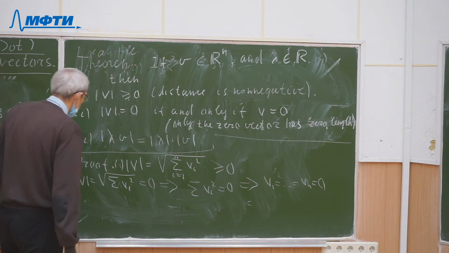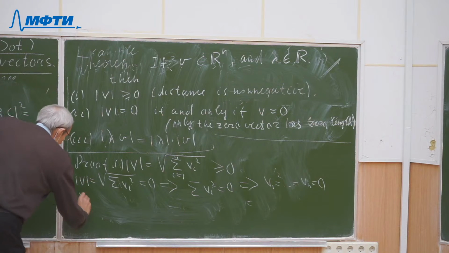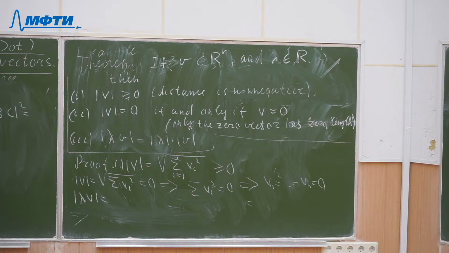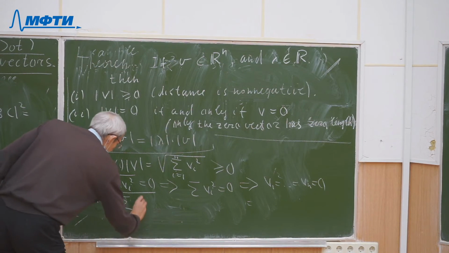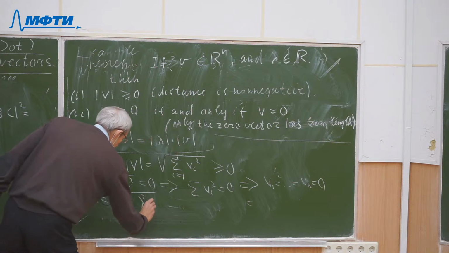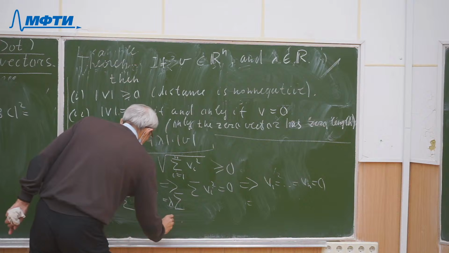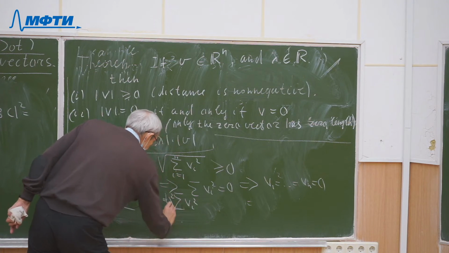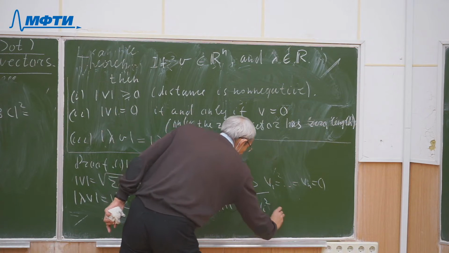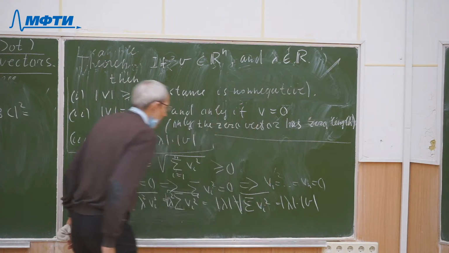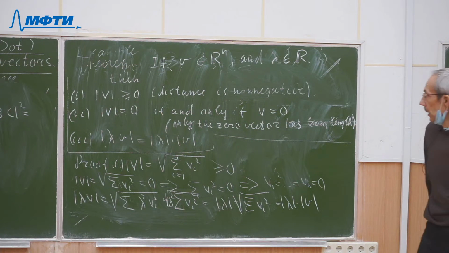And the last item of this assertion: the length of lambda v is equal to the square root of the sum of squares. And this theorem is proved.